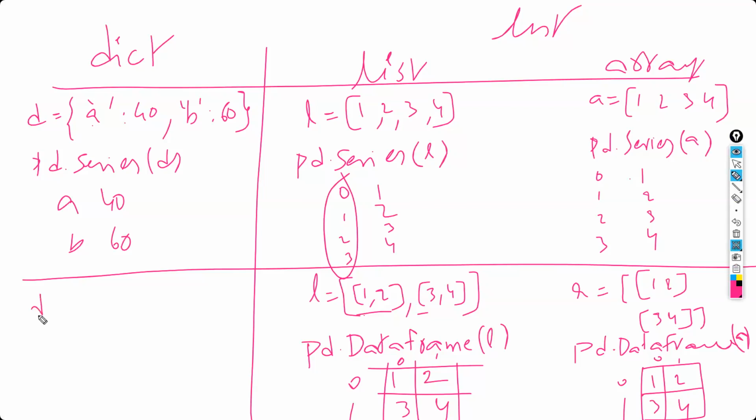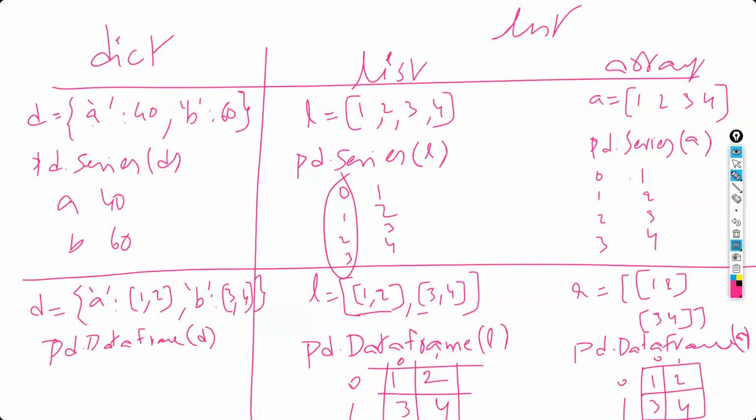Now coming to the same D, A with list of 1, 2, B with list of 3, 4. Now when you are converting this one to a data frame, pd dot DataFrame of D. Are you converting to series or data frame?